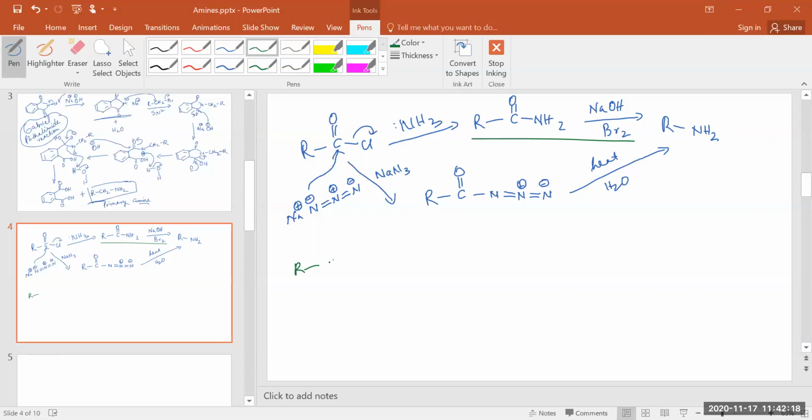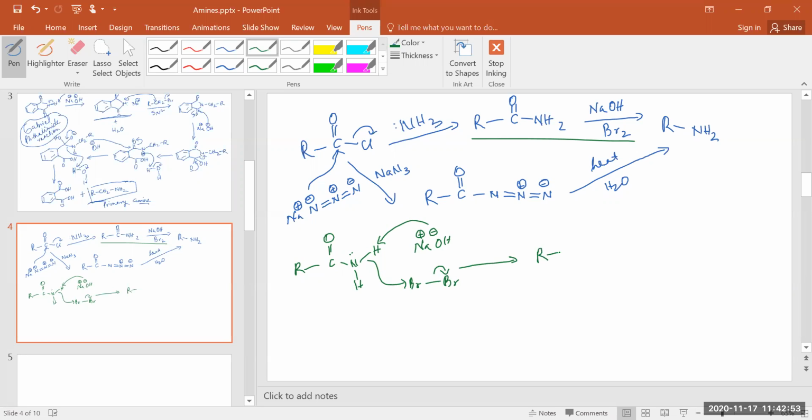So this is the amide. It has acidic hydrogen. The nitrogen-hydrogen bond is acidic. So under basic condition, it becomes a nucleophile. It reacts with bromine. It will take this proton and this will react. So what will be the product?